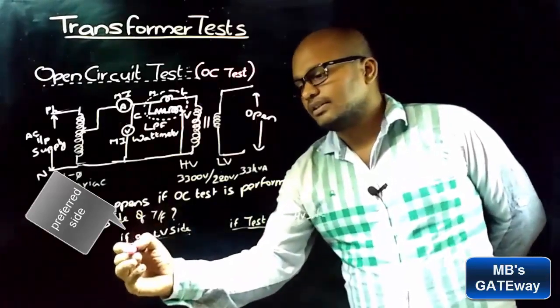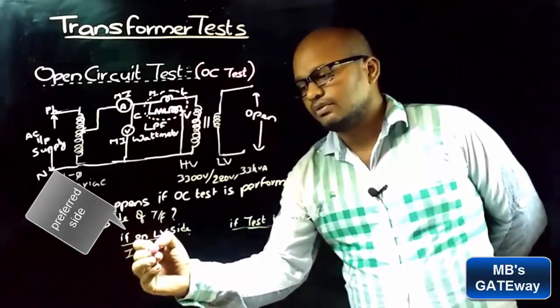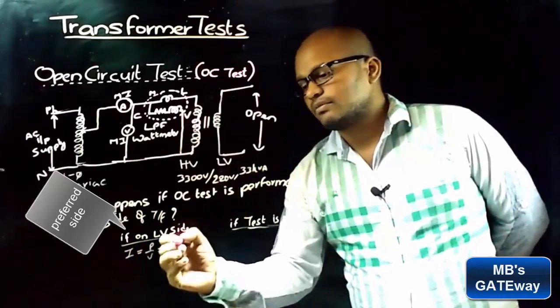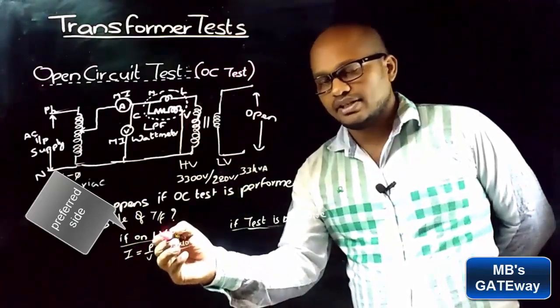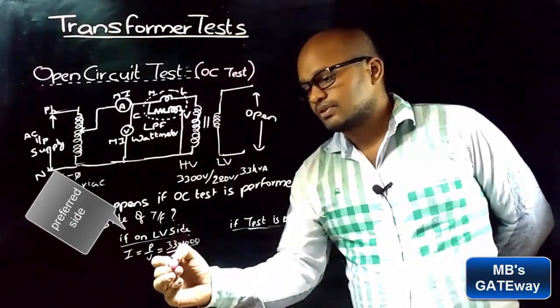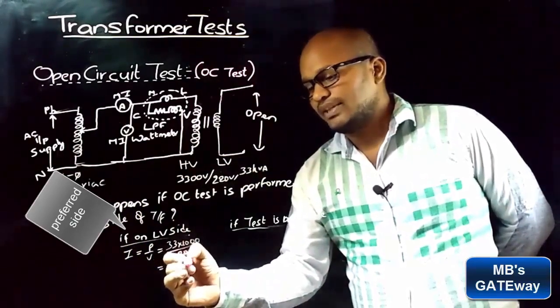On the LV side, the rated current I is equal to P by V, where P is the rating of the transformer and V is the rated LV voltage. Rated LV voltage is 220 volts, so that gives you 150 amperes.